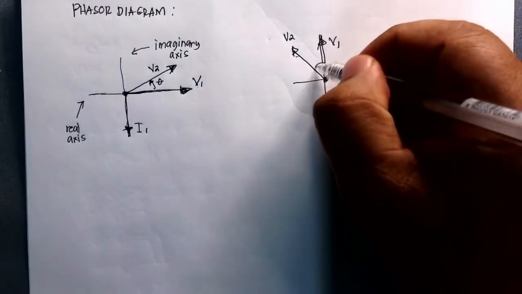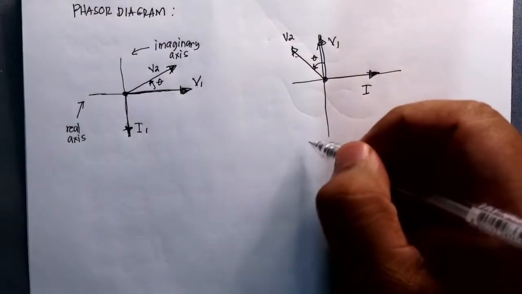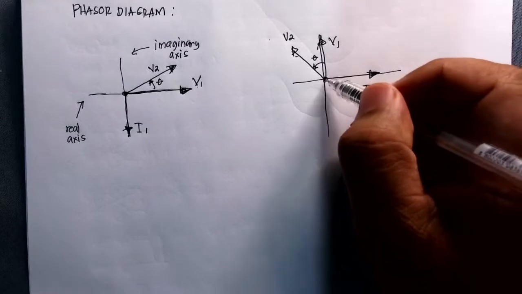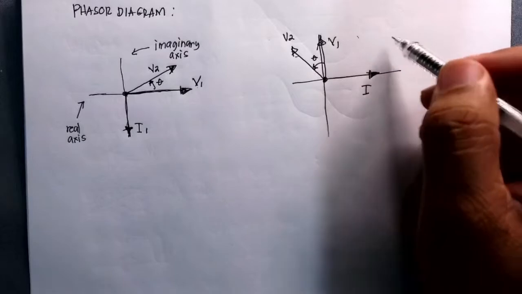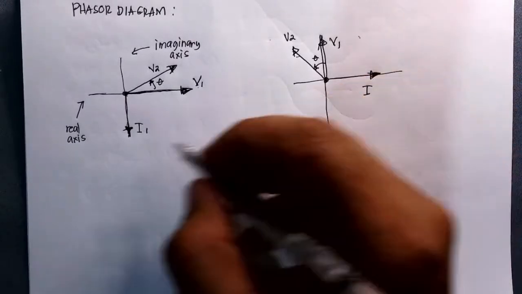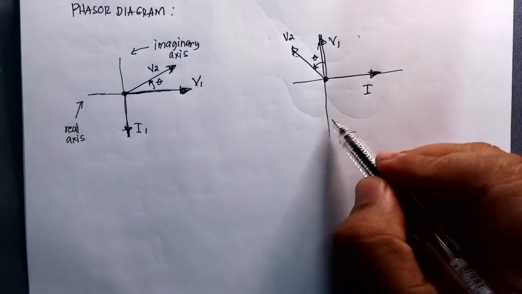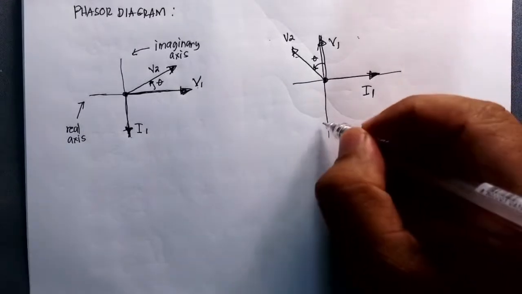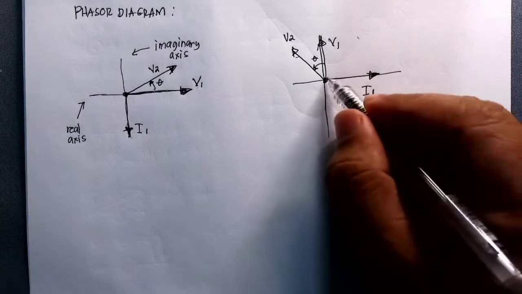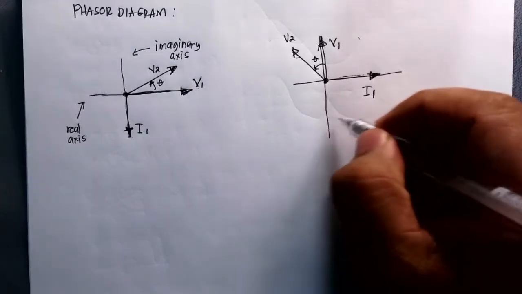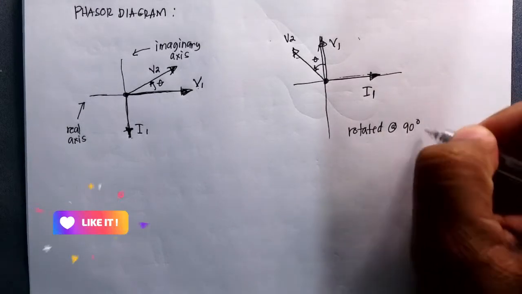Again, this is theta. This representation or diagram has been rotated. I rotate it from I1 and place it here. So my I1 is from 270 degrees, and I place it at 0 degrees, so I rotated it by 90 degrees.